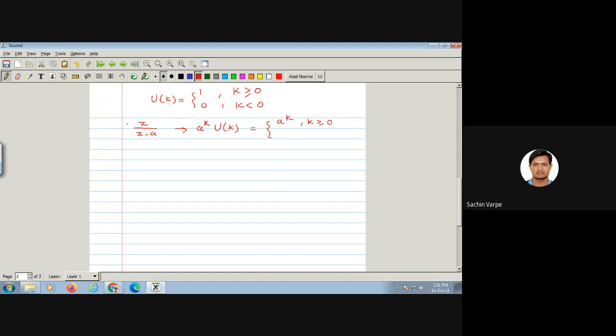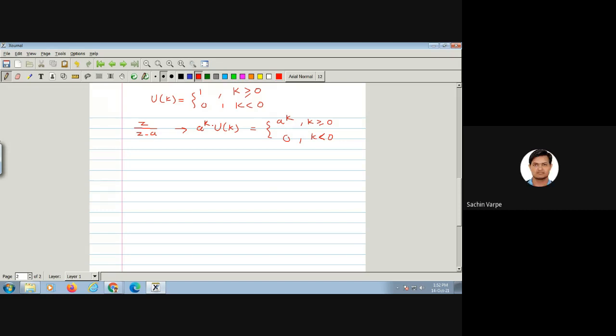That is what we mean: the inverse z transform of z upon z minus a is a raised to k for k greater than or equal to 0, and 0 otherwise. So multiplication by u of k will not affect the original sequence. Is the point clear?